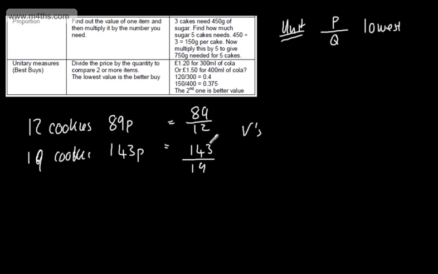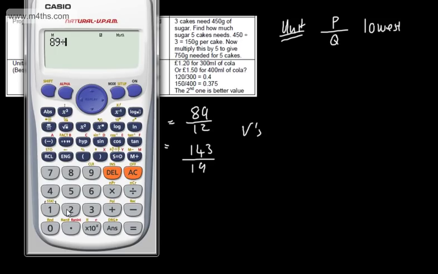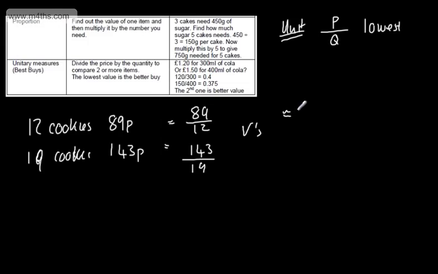This is going to work out which is the cheapest per cookie. So let's do 89 divided by 12. That's going to give us now that each cookie is 7.42p each. So approximately 7.42p per cookie. So we can write that in per cookie.